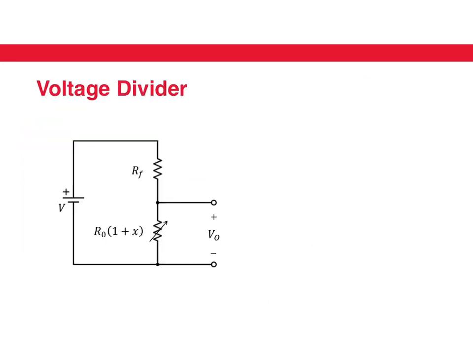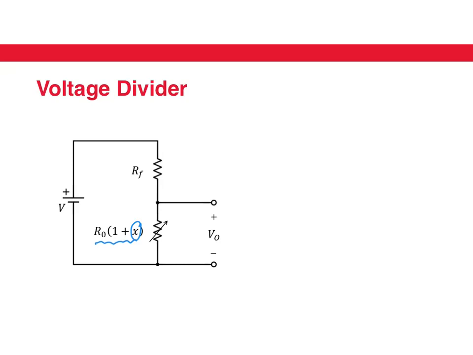So here's a voltage divider. We have taken that strain gauge that we looked up in the previous slide, and we have put it at this point. And instead of writing R plus delta R, I have written it as R1 plus X, where X is the fractional change of resistance.